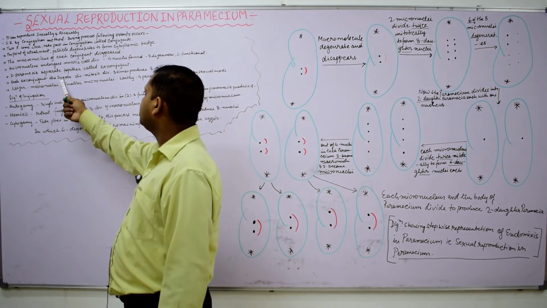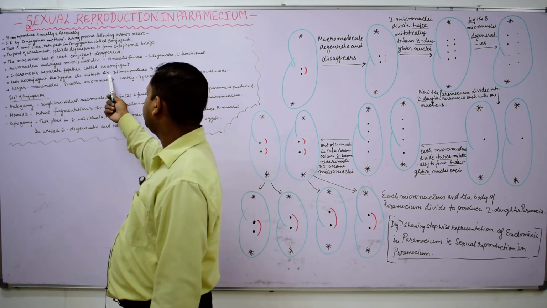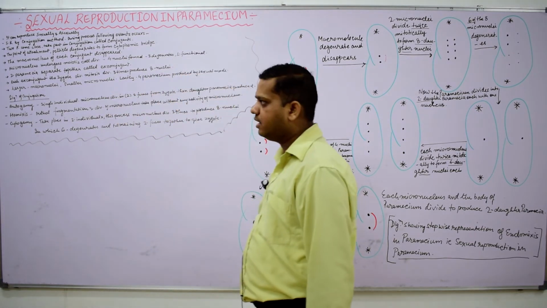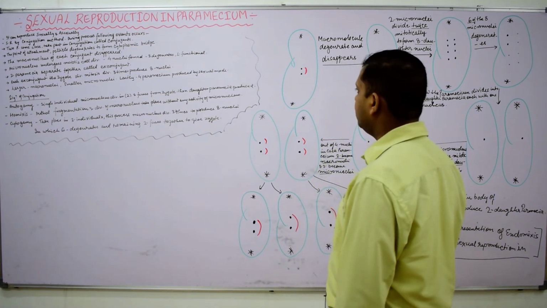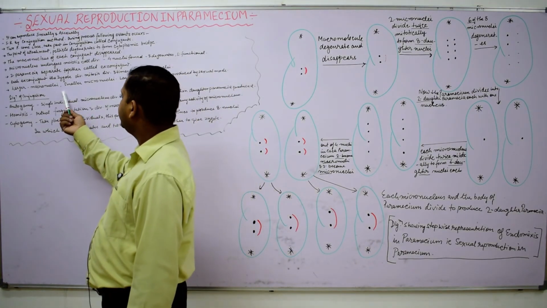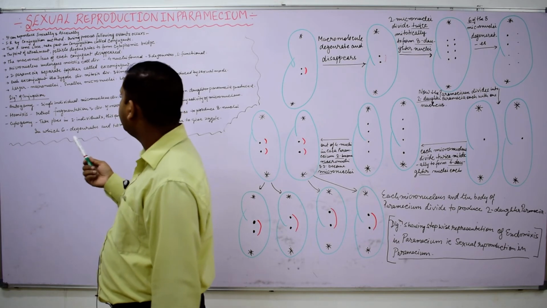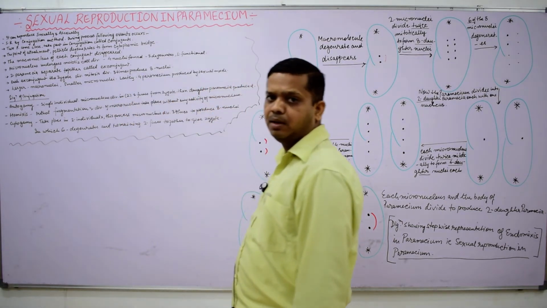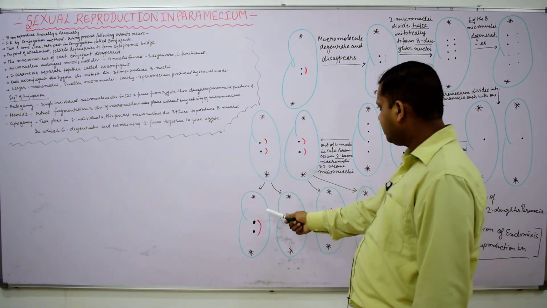The ex-conjugant zygote divides by mitosis three times and produces 8 nuclei. So, here is the formation of 8 micronuclei, which is shown in the diagram. Now, the larger ones are macronuclei and the smaller ones are micronuclei, as we know. Lastly, 4 paramecia are produced through sexual reproduction, which is finally shown here.